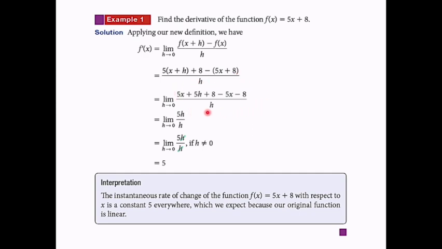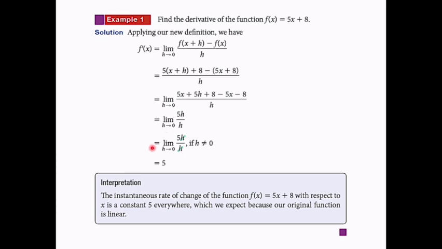When we distribute and expand everything, this is what we have here. And then that's where things start to drop out. I have a plus 5x and a minus 5x, and I have a plus 8 and a minus 8. So after I start adding everything up and things drop out, I'm left with 5h over h. And then the h's drop out.